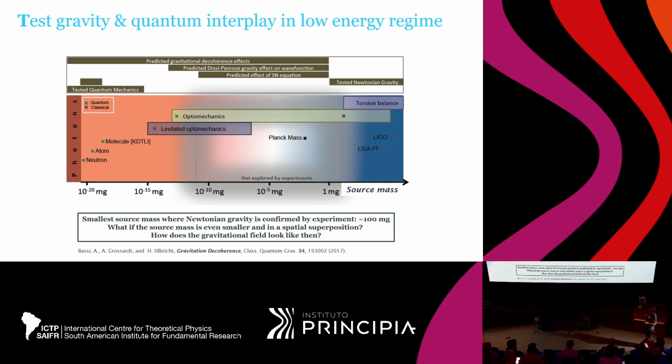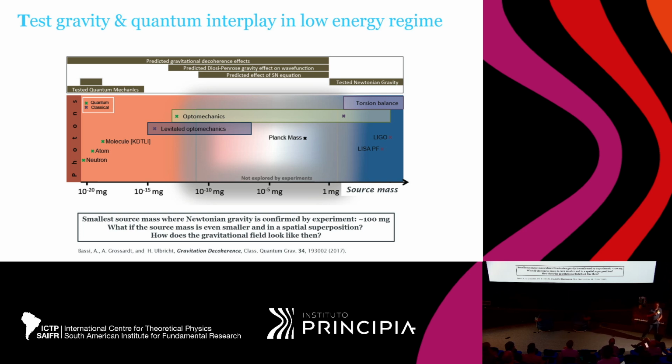It's just some ideas of models and predictions where gravity is affecting a quantum system. The only thing you have to take from this slide is there's small mass, and that's the domain of quantum mechanics, here. And then here is the large mass stuff, that is where gravity is.